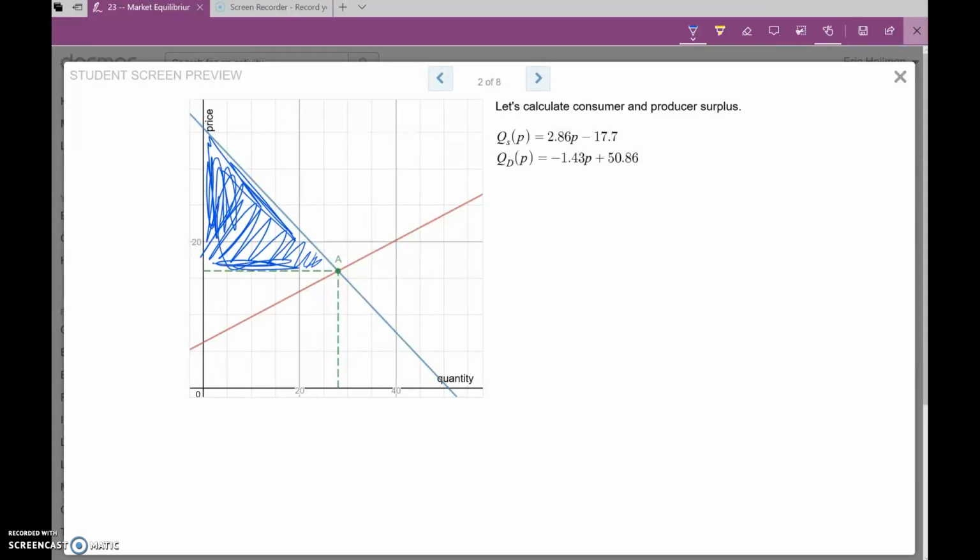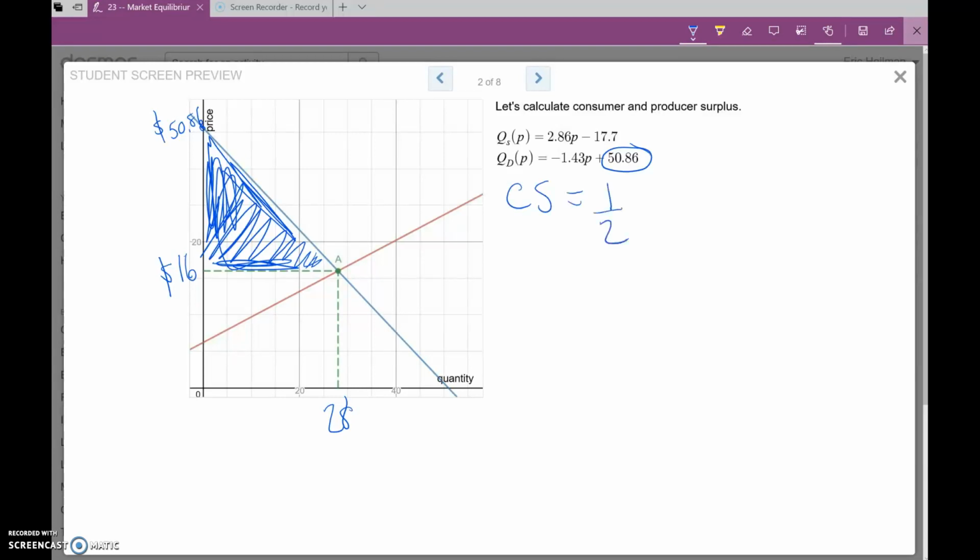The market price was $16. We know from looking at the demand function that this y-intercept is 50.86. The market quantity was 28.